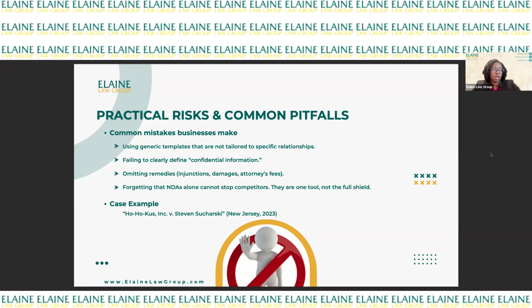As she mentioned earlier, failing to clearly identify what is confidential information. Anything and everything discussed is not necessarily confidential information. So that's a big flag. Omitting certain remedies.